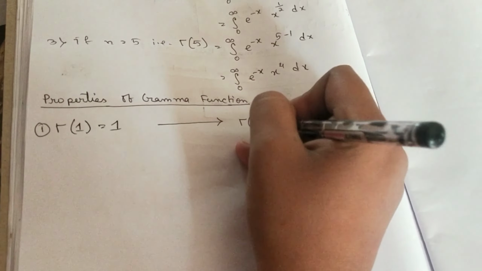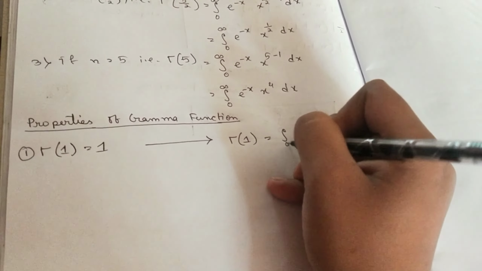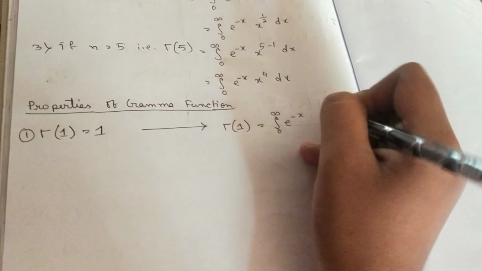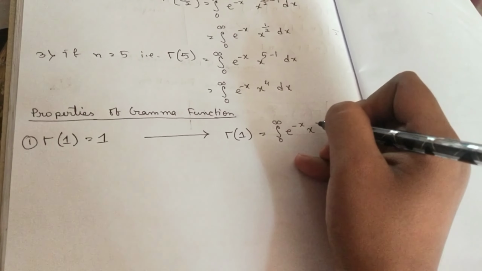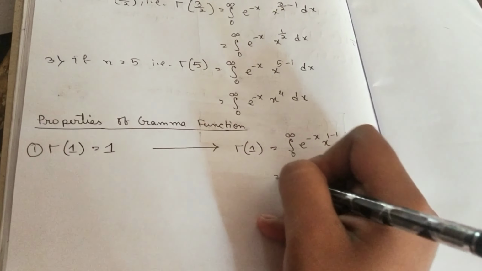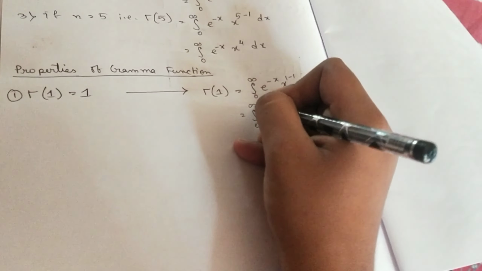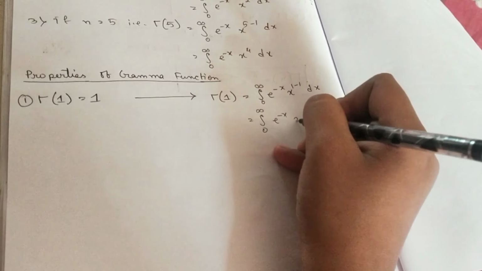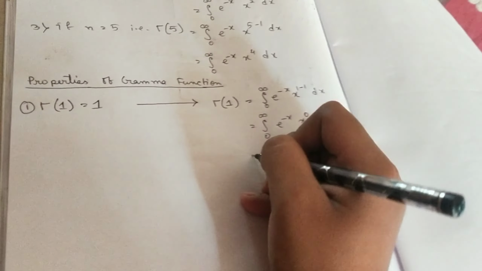Gamma 1 equal to integration 0 to infinity e to the power minus x, x to the power 1 minus 1 dx, right? So integration 0 to infinity e to the power minus x, x naught, dx, right?